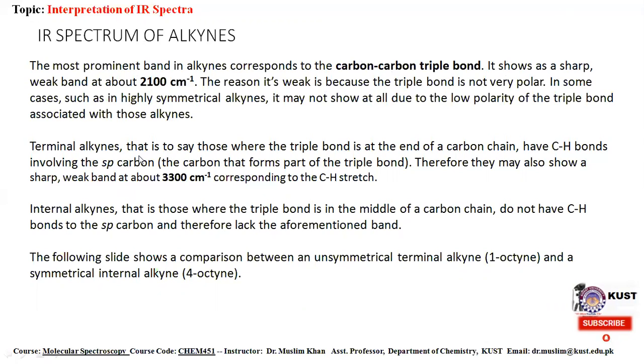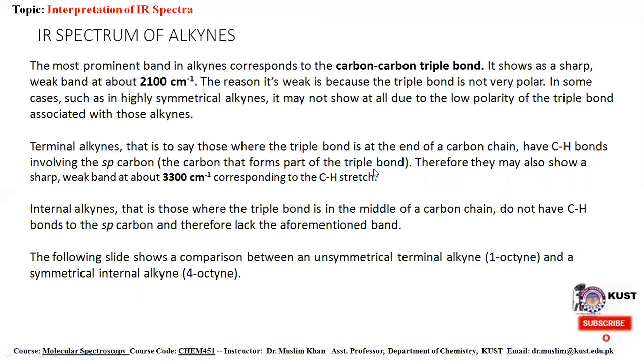Terminal alkynes, such as 1-propyne and 1-pentyne, are those where the triple bond is at one end of a carbon chain. They have carbon-hydrogen bonds involving the sp carbon, having sp hybridization, the carbon that forms part of the triple bond.